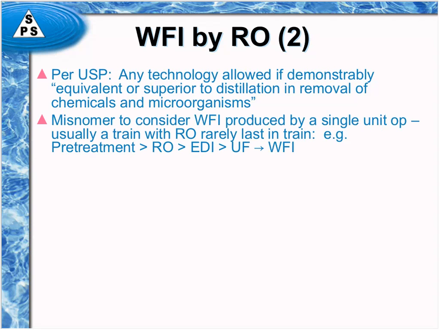Now, there's also a bit of a misnomer here, and that is that anybody who knows about water system design knows that it's not just a reverse osmosis unit that's involved in the purification process. If you do have an RO involved, almost invariably there's pretreatment before it, so you don't scale up and ruin your RO, and usually there's a deionization step right after the RO because you can't get the purity that you need just from even a 2-pass RO.